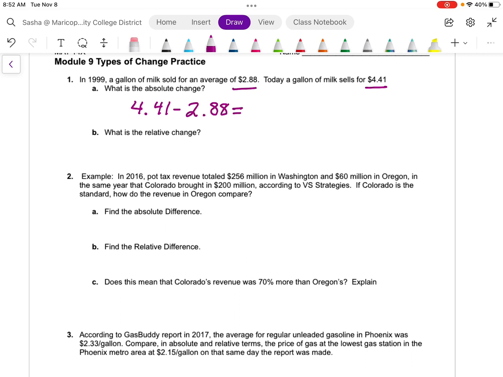And I know that milk has now gone up by $1.53. That's how much the price of milk has increased since 1999.